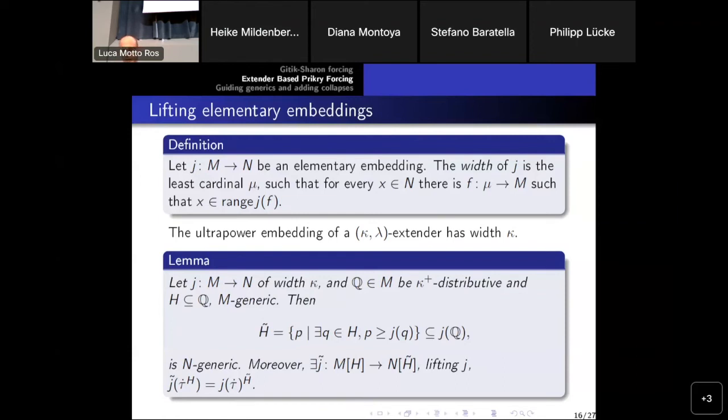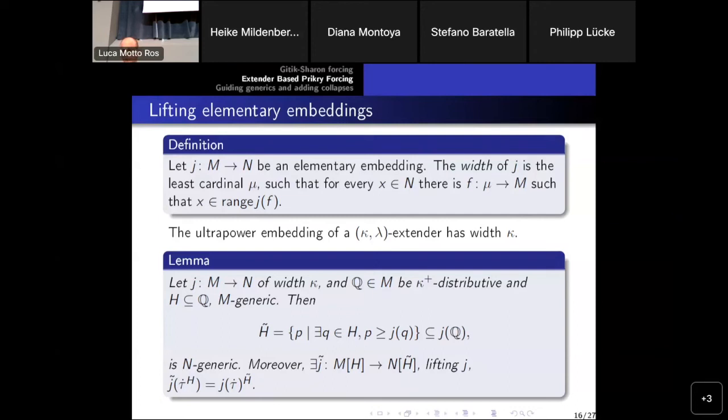There is a unique way to define a generic filter H* over the model N. It's the only way to do that. And there is a unique extension of j to j*, sending H to H*, extending it. If you think about this for a few minutes, it is really the only way to do it.